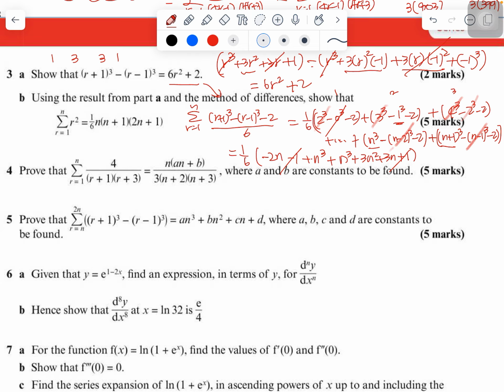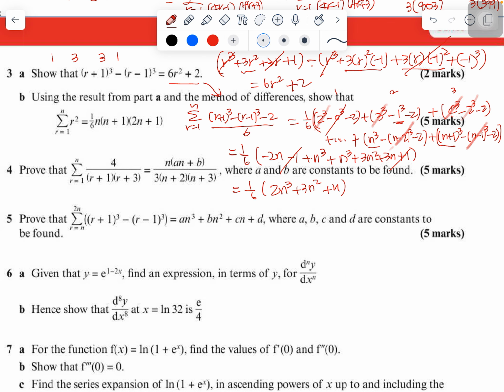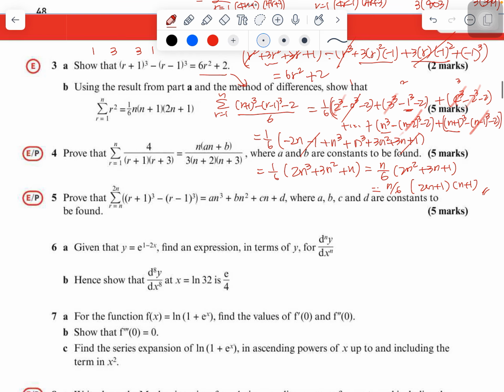Oh, it's good. So now 1 over 6, 2n cubed, 3n squared, plus n. So let's take out n: 2n squared, 3n plus 1. n over 6, (2n plus 1)(n plus 1). So QED.